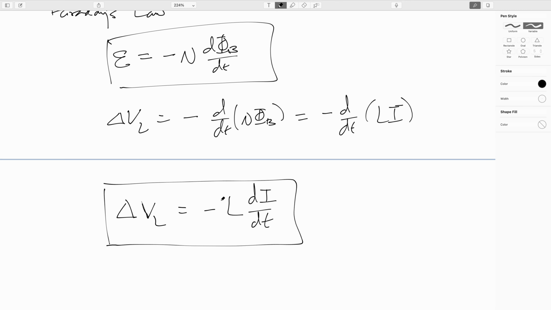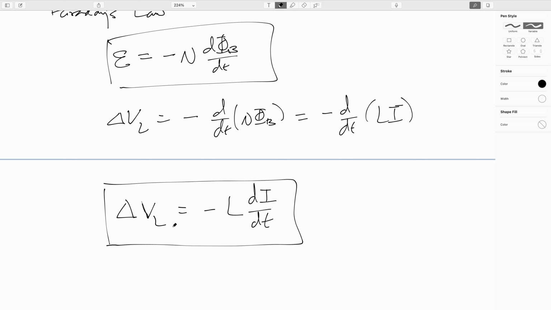So with this minus sign here, if the current through the inductor is going up, it means the magnetic flux goes up. We're trying to oppose that change. So the EMF we induce would oppose that, thus the minus sign, and we would have a voltage drop across the inductor. If the current were decreasing, it would be the same kind of deal. di/dt would be negative.